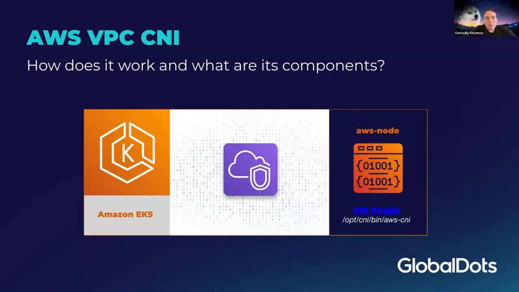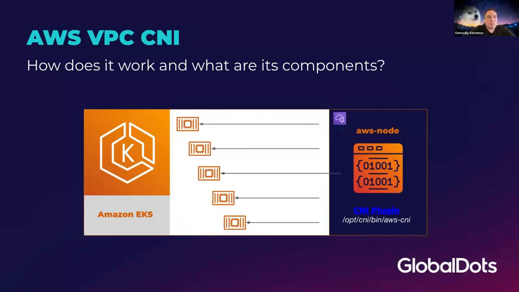CNI plugin has two components. The first one is the CNI plugin itself. It is installed by an init container on the host to the opt-CNI bin directory and communicates with the EKS API.